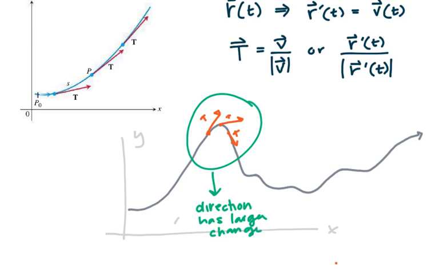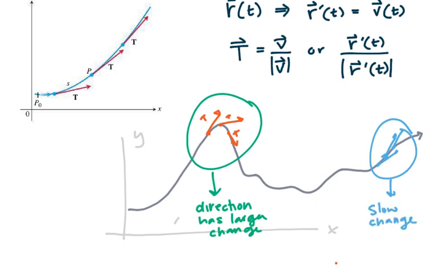But then we may also have situations, like if I were to look at a point right here, and we think about the direction, these aren't very good tangents, but you kind of get the idea. They're all kind of pointing in the same direction. So this has a slow change.